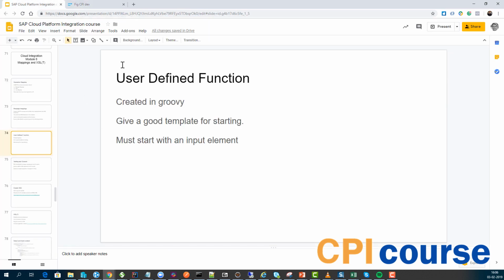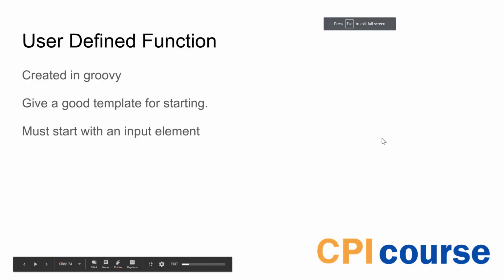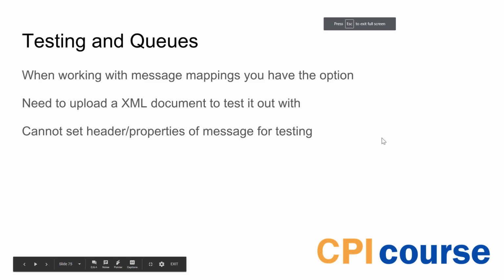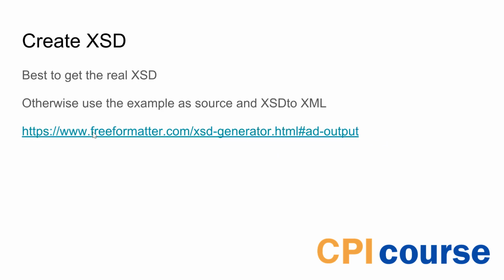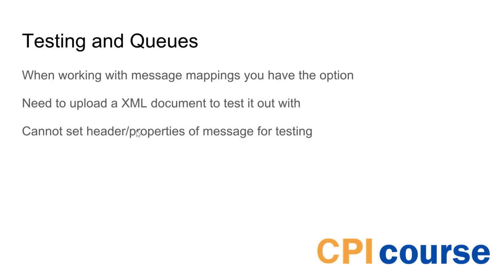So the next thing on this is testing and queue. We saw this, and if you're working with headers and properties, it's a little challenging to do testing of it because you cannot test it. So you would need to put in something in the Groovy script that says, hey, if you're testing this and you don't find this value, then assign some input value.